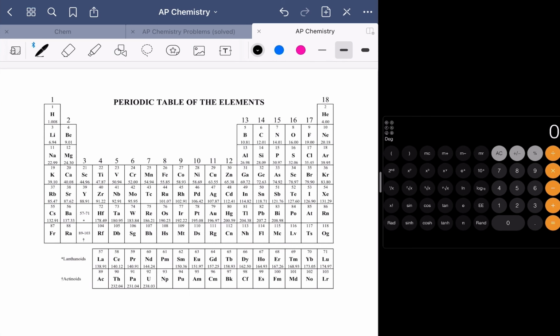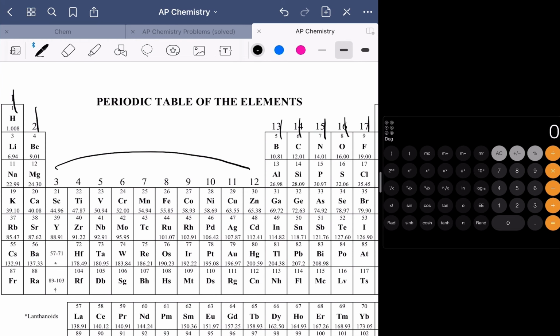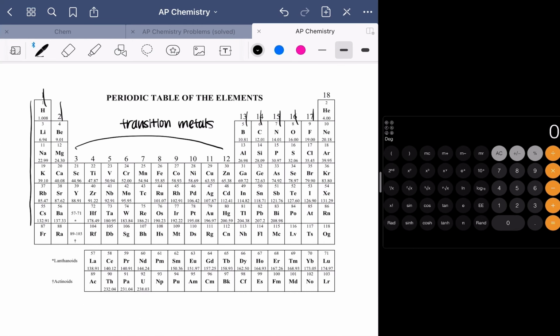If you take a look at the periodic table, these groups all have a separate charge. These are called groups, and they all have their specific charge. But these are called transition metals, and they don't have a charge determined by the group they are in; each has its own separate charge.